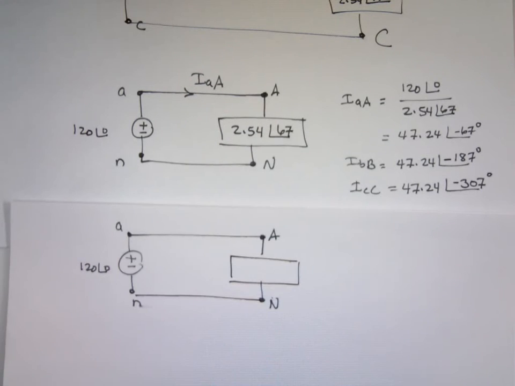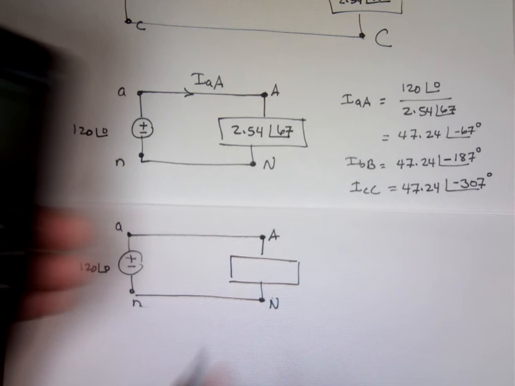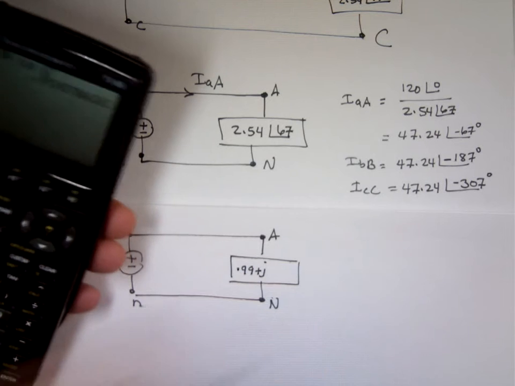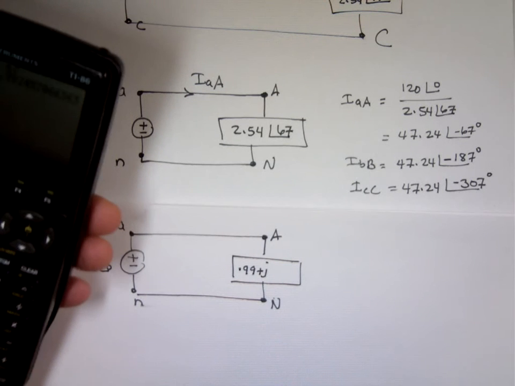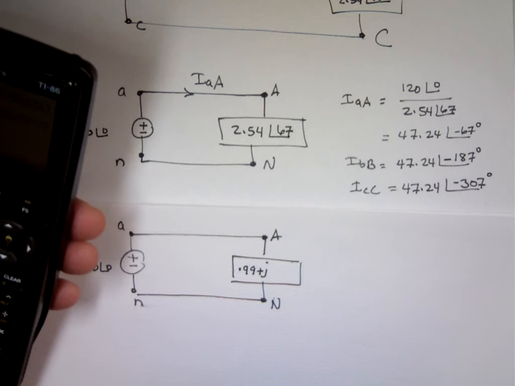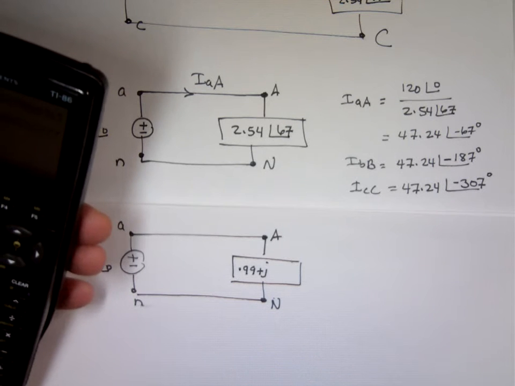That's 2.54 cosine of 67. Cosine of 67, which is what? 0.99 plus j 2.54 sine of 67. J what? 2.34?